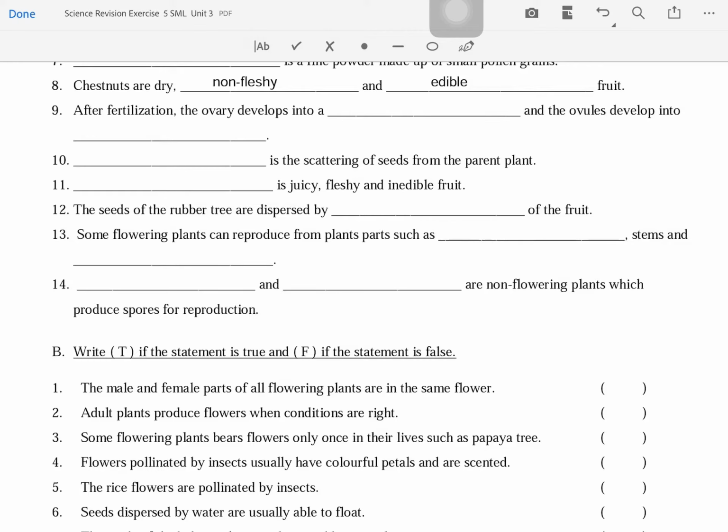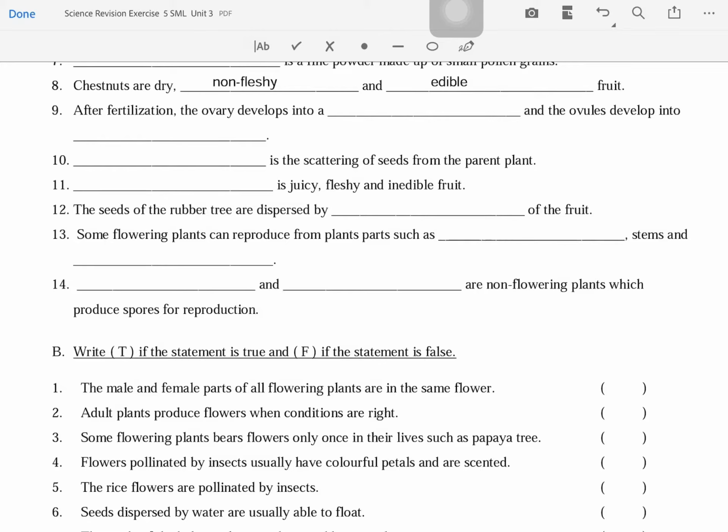After fertilization, the ovary develops into a what? And the ovule develops into a what? You can find the fertilization questions and answers starting from page 63 of your textbook. So what is the answer to question number 9?